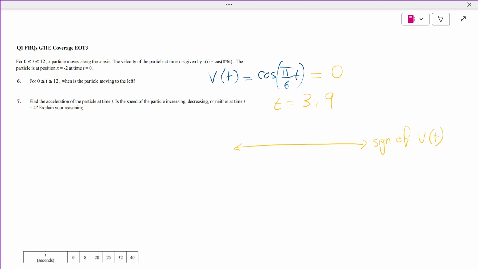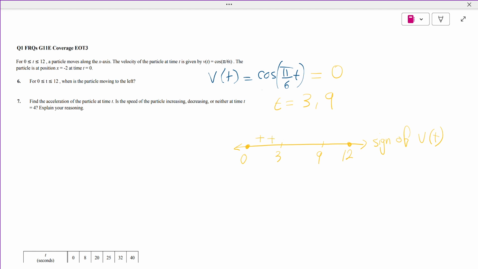Now we know that our interval starts from 0 to 12, so this is what we are interested in. We have t equals 3, we have t equals 9, where the particle is not moving. But what's happening in between? If you choose a test point between 0 and 3, like 1, the velocity will be positive.